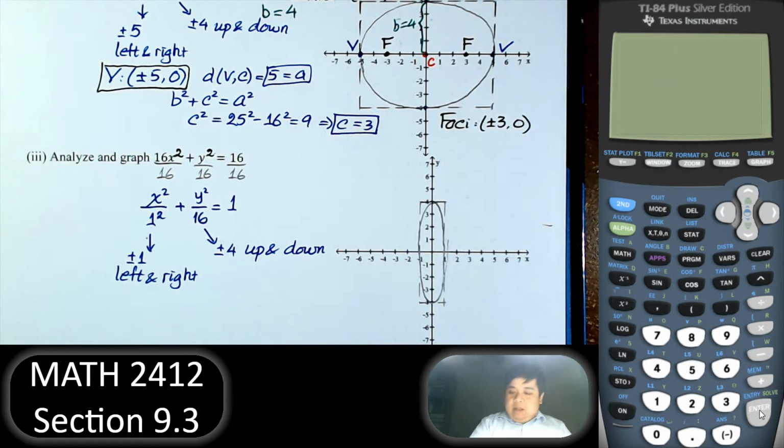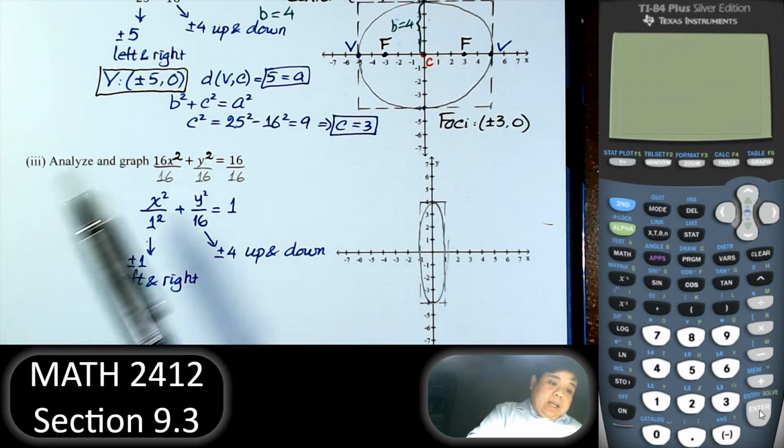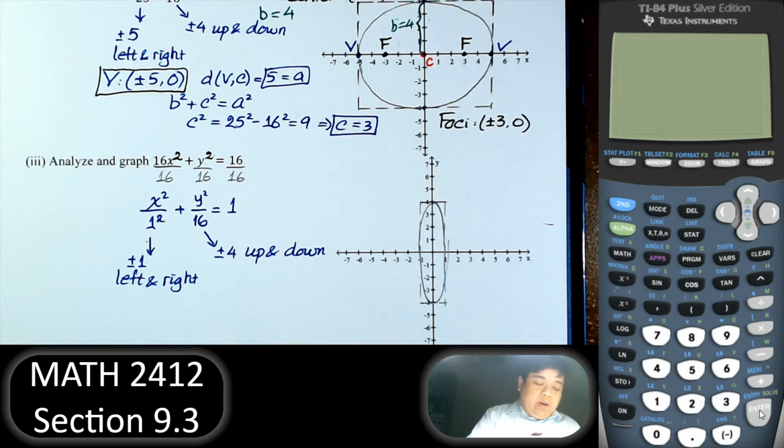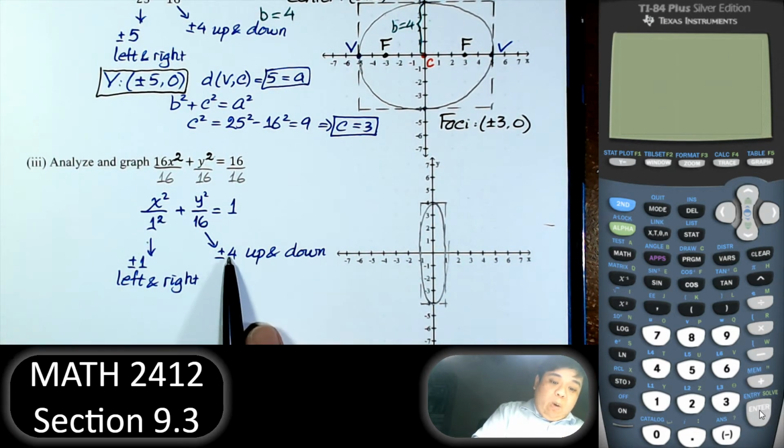So that's the ellipse. The bigger number is below the y, so that's why it's vertical. And the 4 is also the distance from the center.